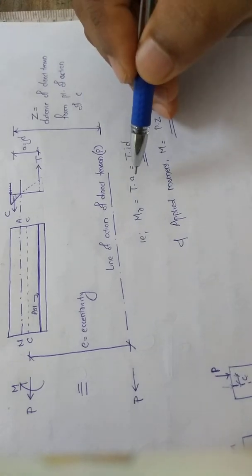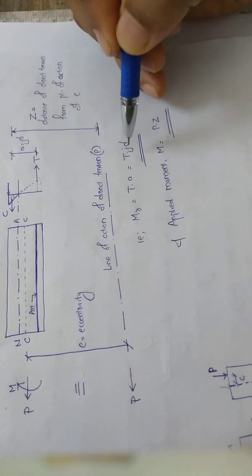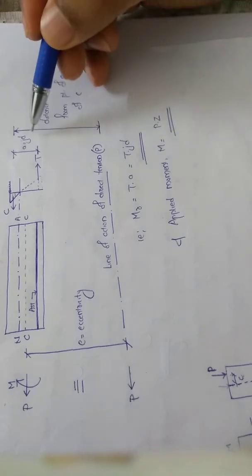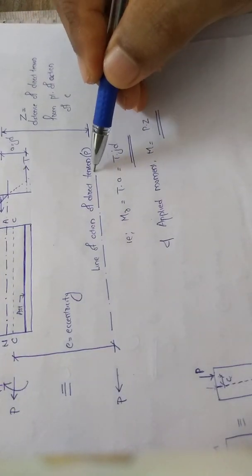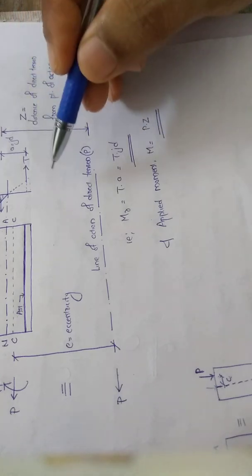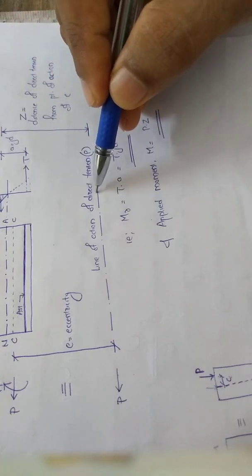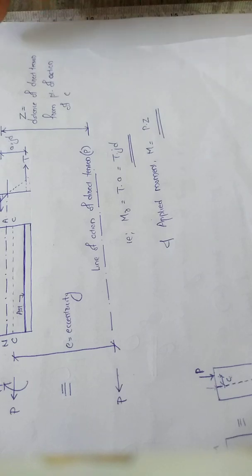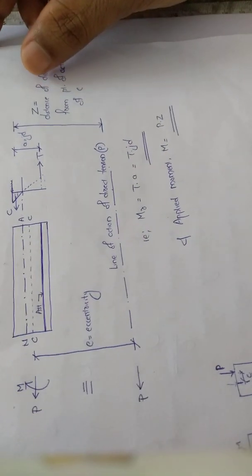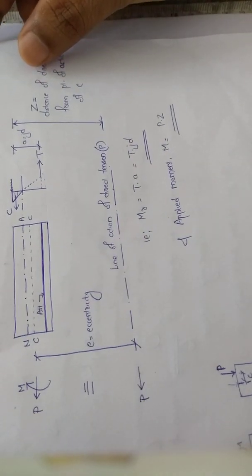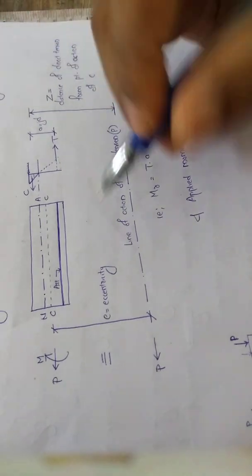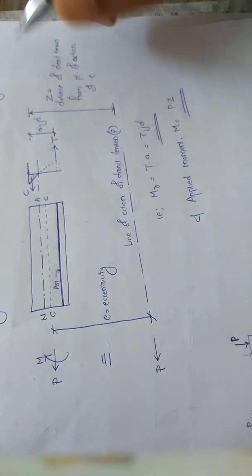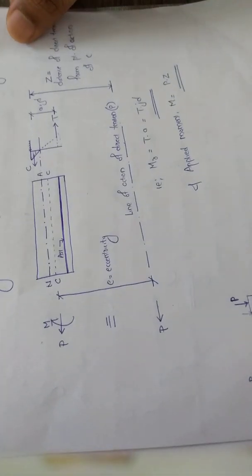The moment of resistance of the section, we know, is T into J D, where J is the lever arm. The applied moment will be P into Z, the distance from this line of action to the centroidal axis. So that is one of the methods by which we can find the reinforcement for sections where you have axial pull and moment acting together, combined action.